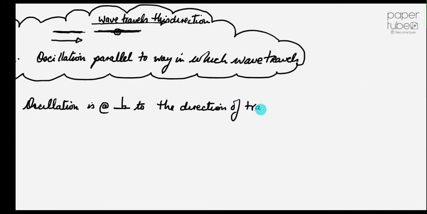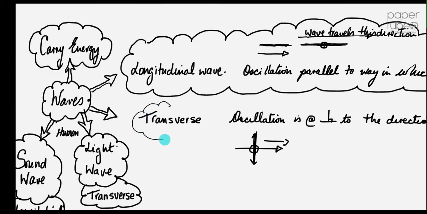That's what it is. So if the wave is going that way, and say it's a water wave, there's a water molecule there, that water molecule goes up and down that way, and the wave travels that way. So that's the transverse wave.